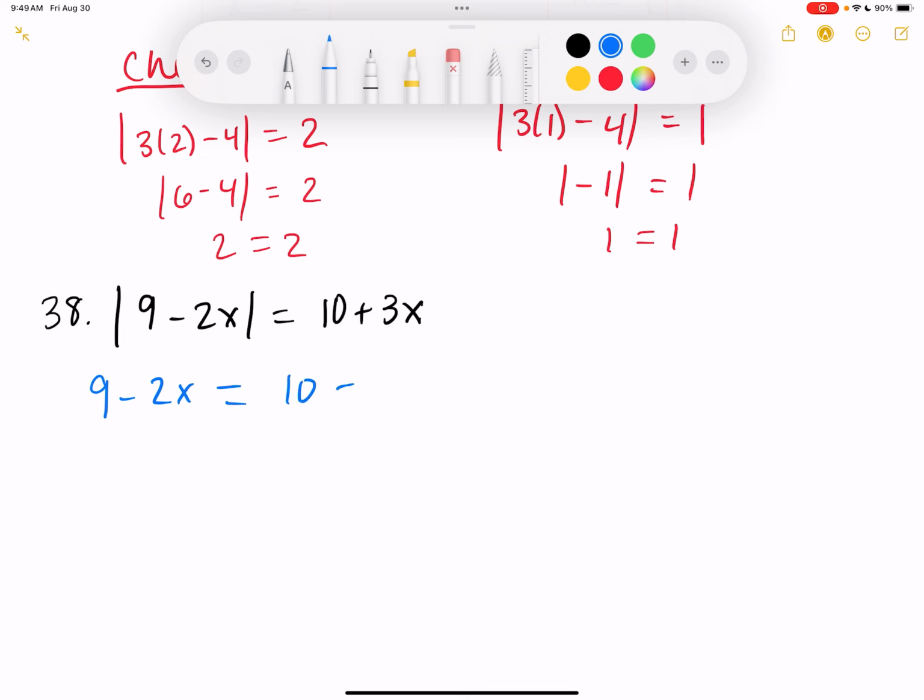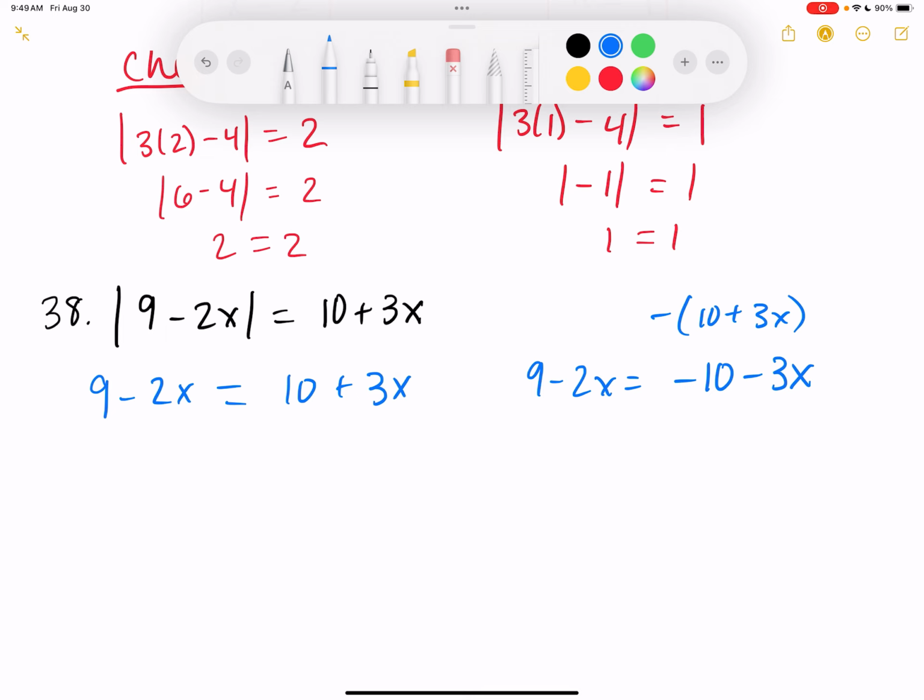But when I do the second one where I have to change the sign, I have 9 minus 2x equals negative 10 minus 3x. So both things have to have a negative. If you wrote it as negative and then 10 plus 3x, that's also fine, but you might as well just distribute the negative because otherwise you have to do an extra step.